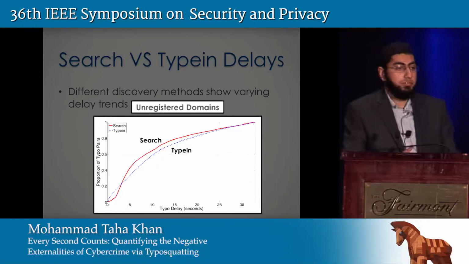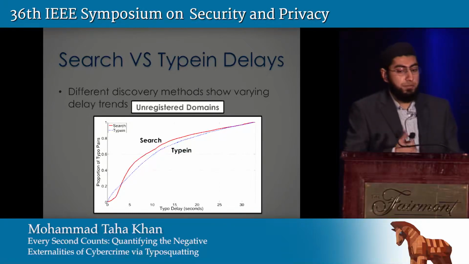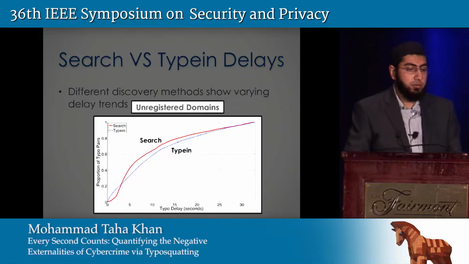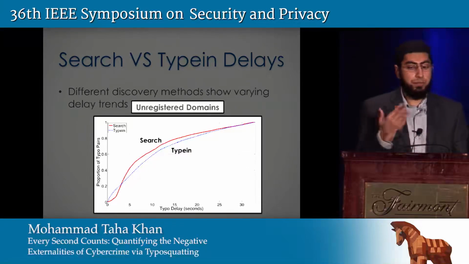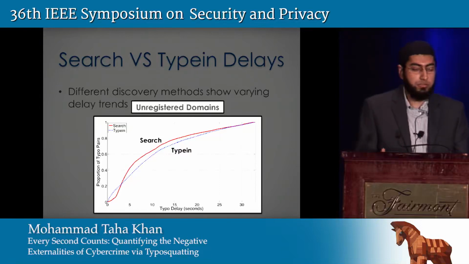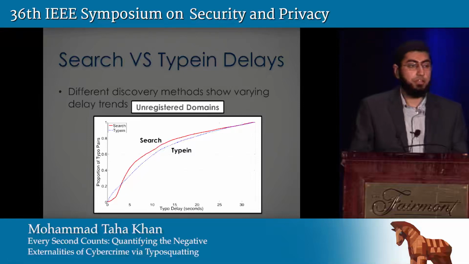Now, modern browsers have the capability of performing pre-resolution. Once they do that, while a user is typing the domain, if the domain resolves to an NX domain, the browsers treat the string itself as a search query, and on hitting enter, the user is redirected to the search page, where the target domain is essentially just one click away.